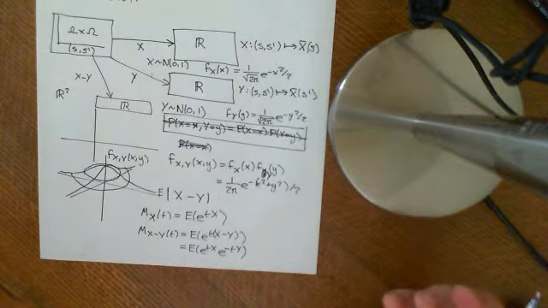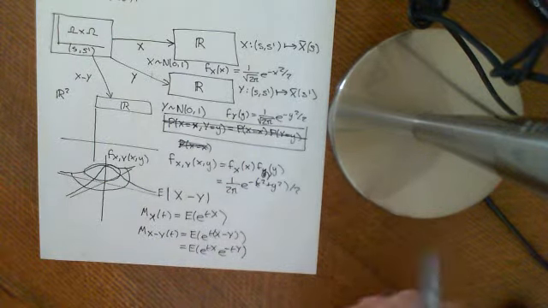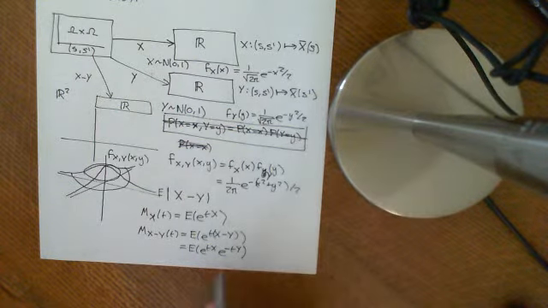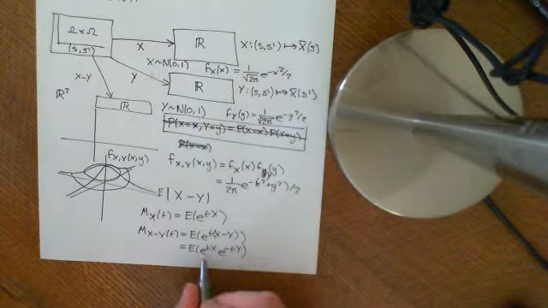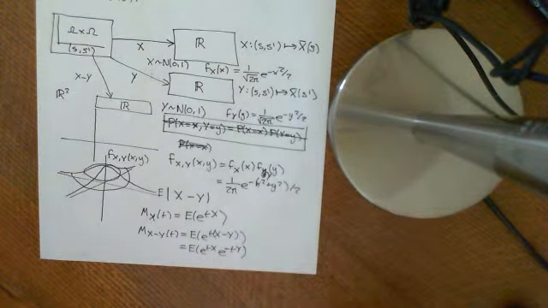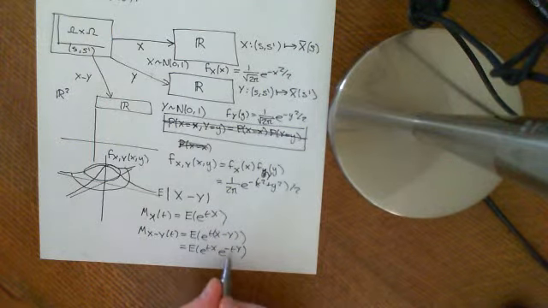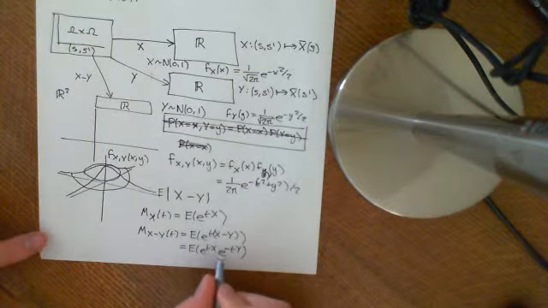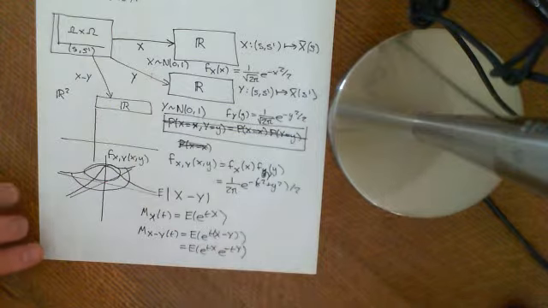The reason being that if knowing the value of x does not give me any information about the value of y, then why should knowing the value of e to the t of x give me any information about the value of y? If it did, then knowing the value of x would give me information about the value of y. So if these two weren't independent, it would contradict x and y being independent. So if x and y are independent, e to the t of x and e to the negative t of y are also independent.